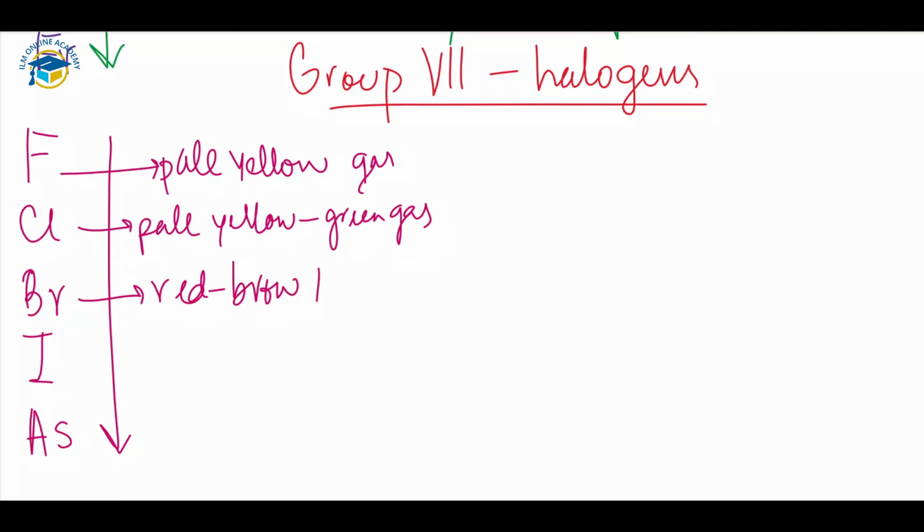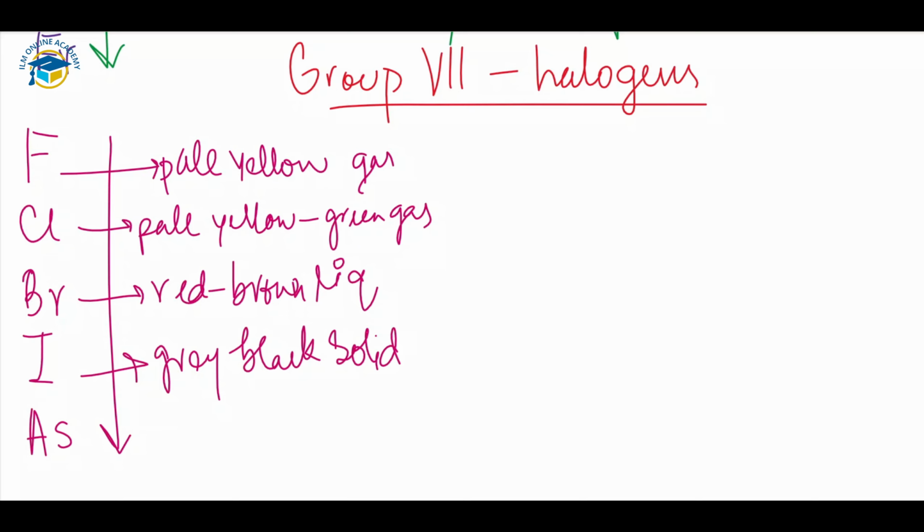At room temperature, we have two elements in the liquid form: first is mercury and second is bromine. Next we have iodine. Iodine is a gray-black solid. And astatine is also gray-black in color.